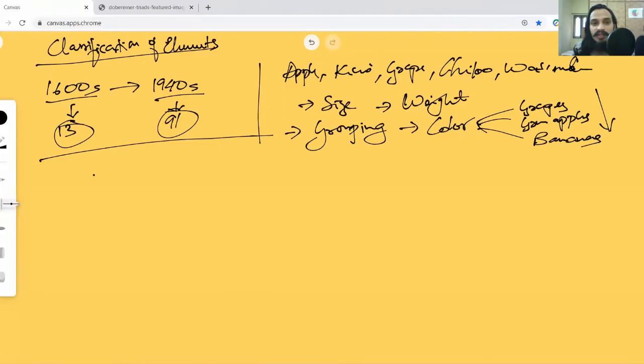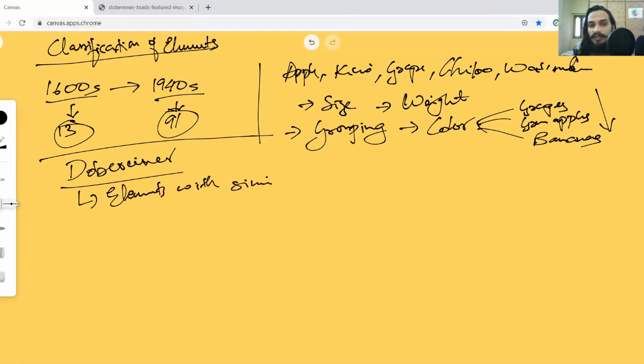So one of the first attempts at this was by a person named Dobereiner. What he observed was that some elements have similar properties, similar in the sense that they undertake the same type of reactions.